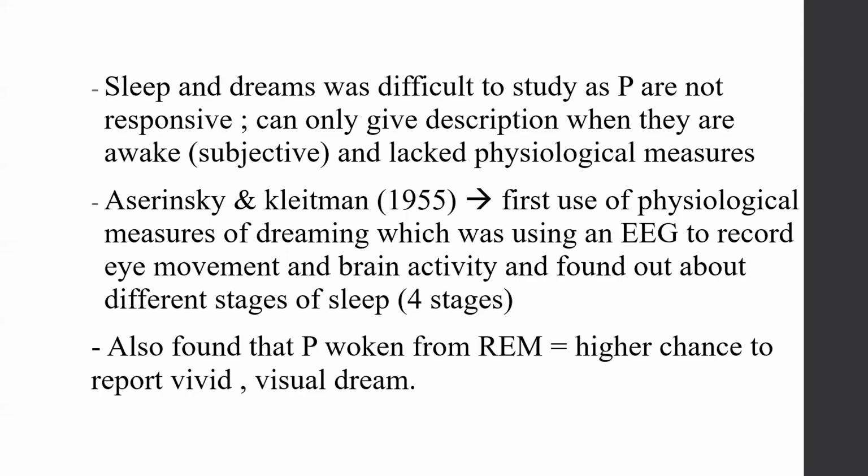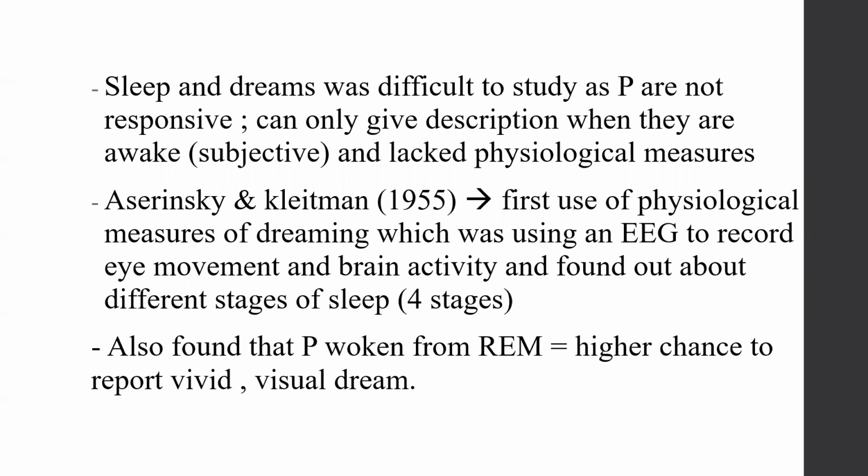Okay, so let's talk about the background first. Sleep and dreams can be difficult to study because participants may not be responsive, and the only descriptions they can give are when they're awake, right? So subjective. They also lacked physiological measures before two people, Aserinsky and Kleitman in 1955. They were the first to use physiological measures of sleep to explore the relationship between sleep and dreaming.